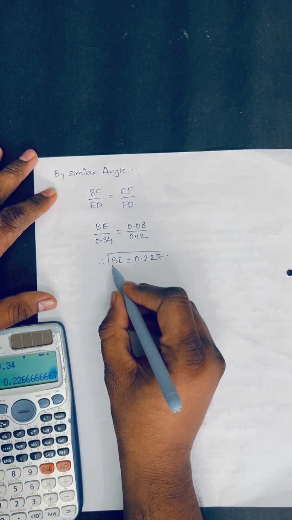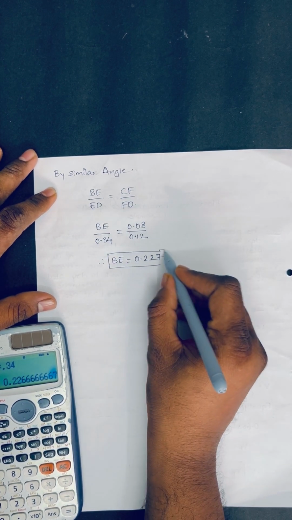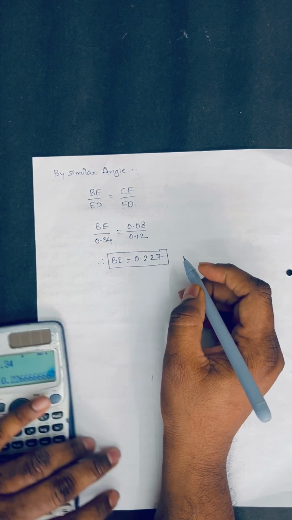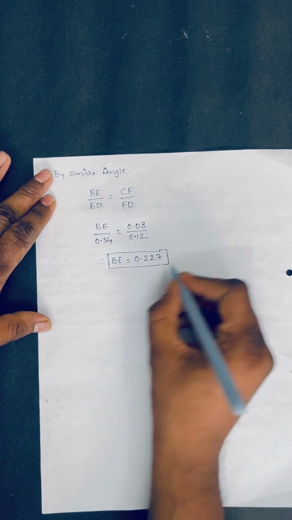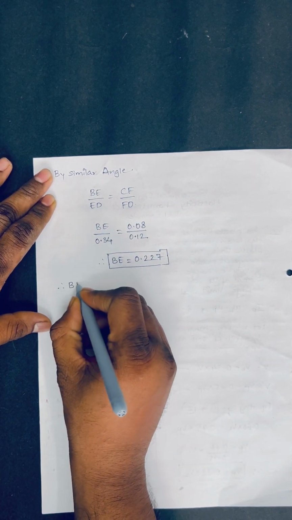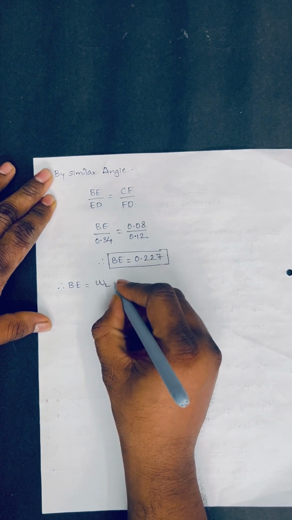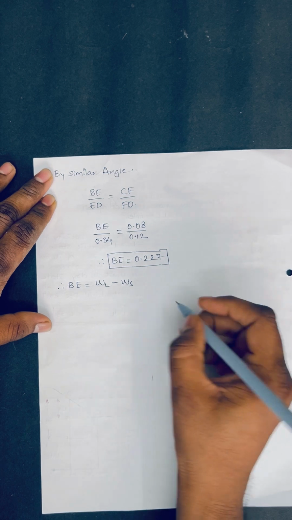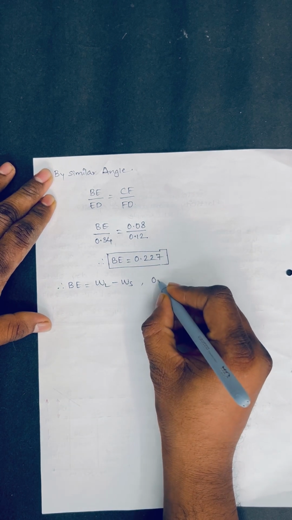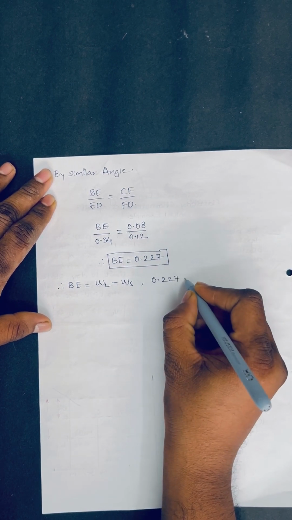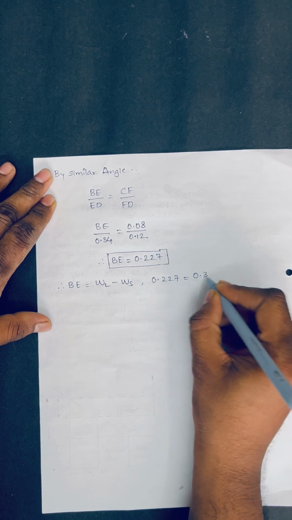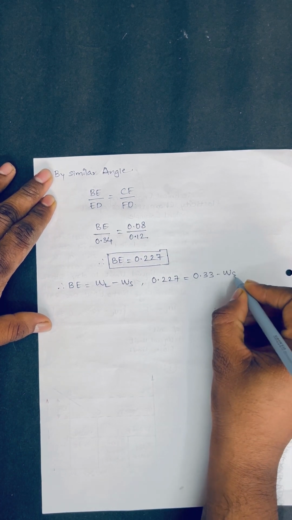So this line BE represents the difference between the liquid limit and the shrinkage limit. So BE is equal to the difference between liquid limit and the shrinkage limit. So 0.227 will be equal to 0.33 minus shrinkage limit.